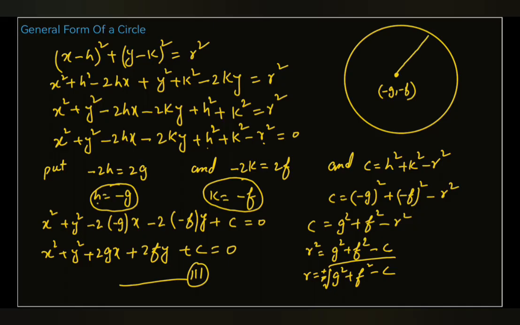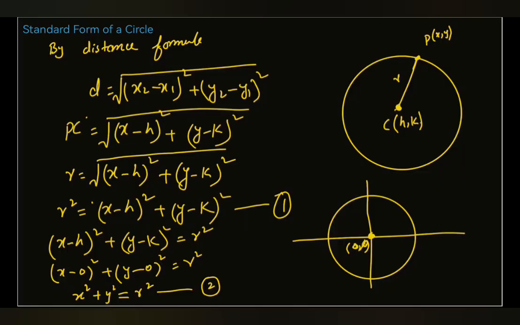And its radius, from this point P (x, y), will be the square root of g square plus f square minus c. So in the general form of equation of circle, we take the radius as the square root of g square plus f square minus c, and center negative g and negative f. So we have the equation of circle in standard form.